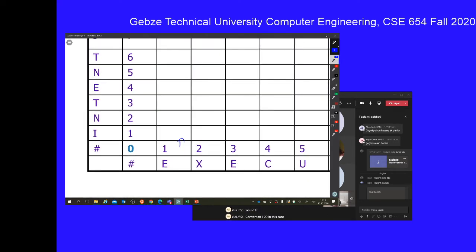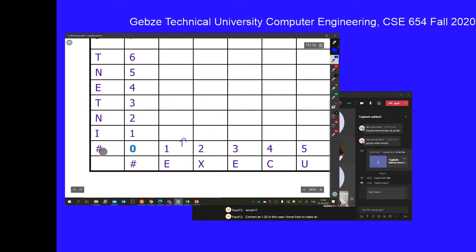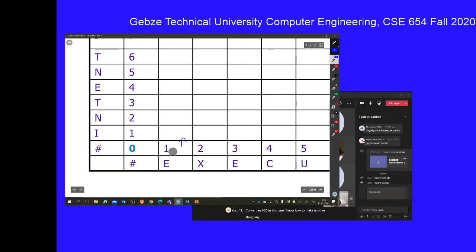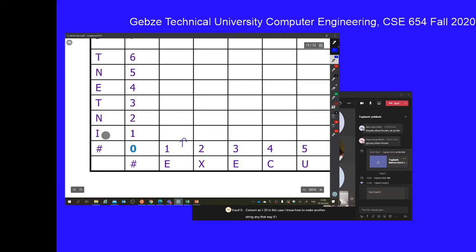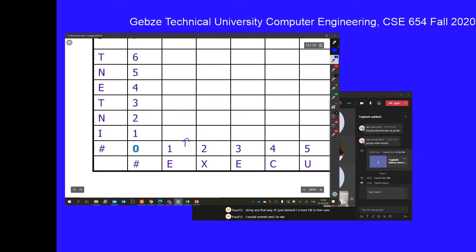I know how to make a null string an E that way. If I just delete an I in here, in that case I would convert an I to E. So the cost of deletion is 1. If I come from this position, it is 1. If I come from here, it's again 1. But if I come from here, it's going to be 2.